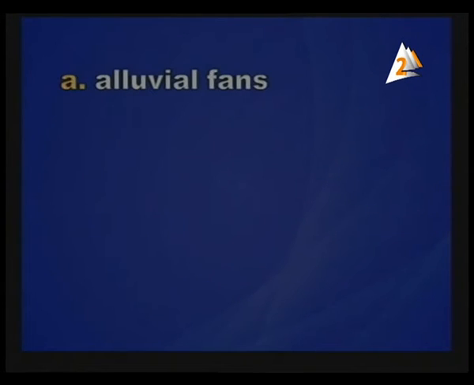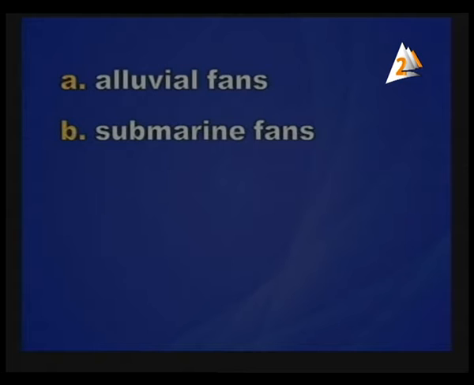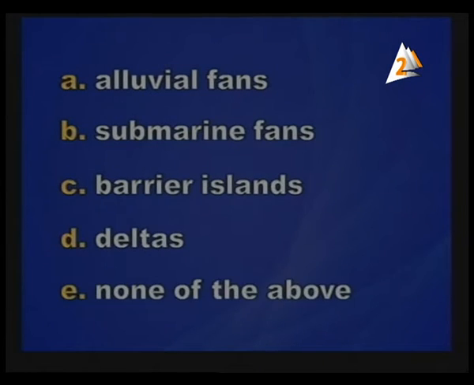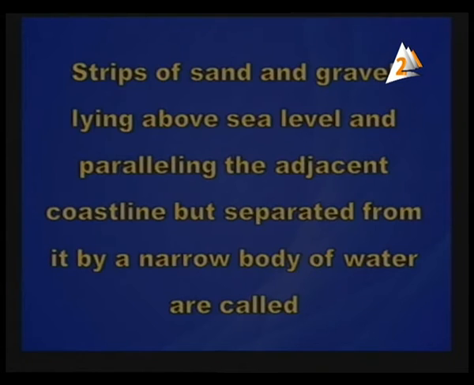Is this form alluvial fans, submarine fans, barrier islands, deltas, or none of the above? As you see, my dear students, entering standing water, the river starts to form deltas, which is the D choice. Now let's go to the next question.